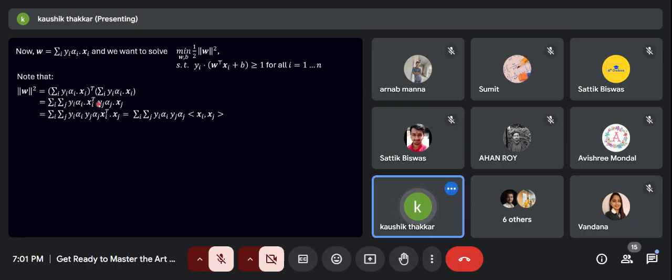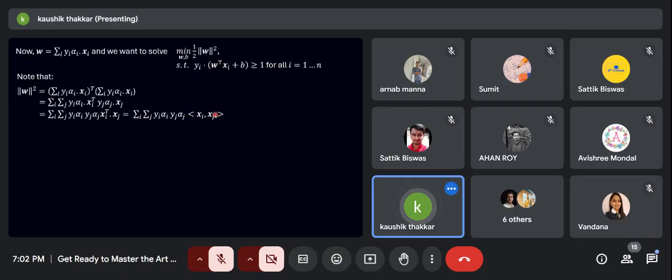It is nothing but w transpose w, and when you multiply this together, you will have a double summation with yi alpha i xi transpose yj alpha j xj. Now these are all constants: yi, yj, alpha i, alpha j. You just have xi transpose and xj, and when you write it together, this is nothing but the inner product of xi and xj, right?